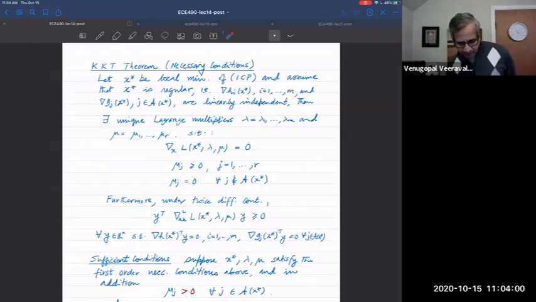The mu_j's are non-negative. Lambdas could be positive, negative, or even 0. And mu_j is 0 for everything that's not active.